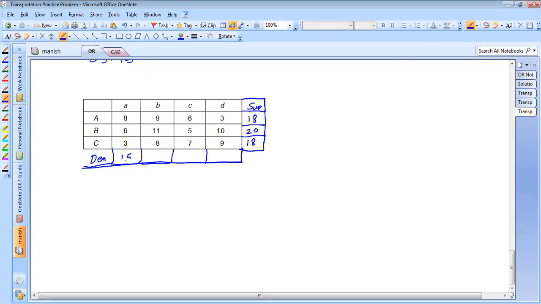So this is 15, 16, 12, 13. Total is 56. Okay. Now for Vogel's approximation, what we do is we write the differences, isn't it? We write differences here and we also write differences here.